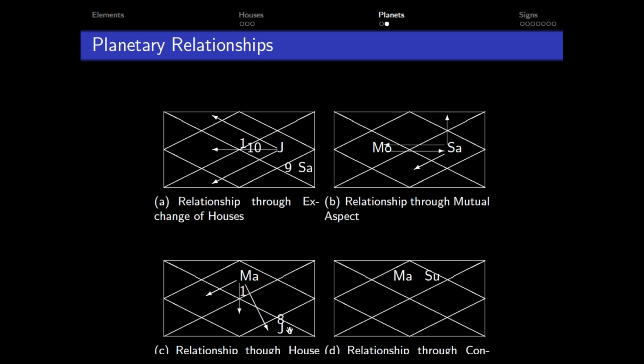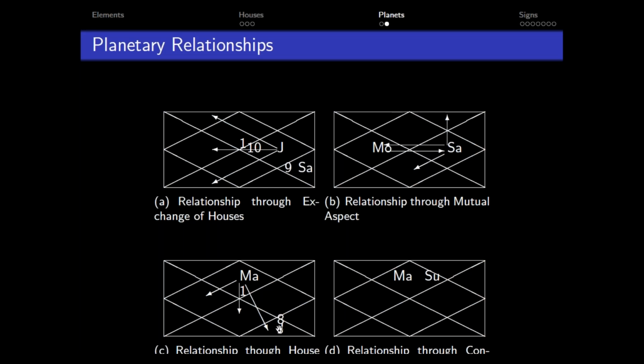And Scorpio is ruled by Mars. So this is known as house aspect. In this case, the ruling planet is aspecting the planet in his own house.